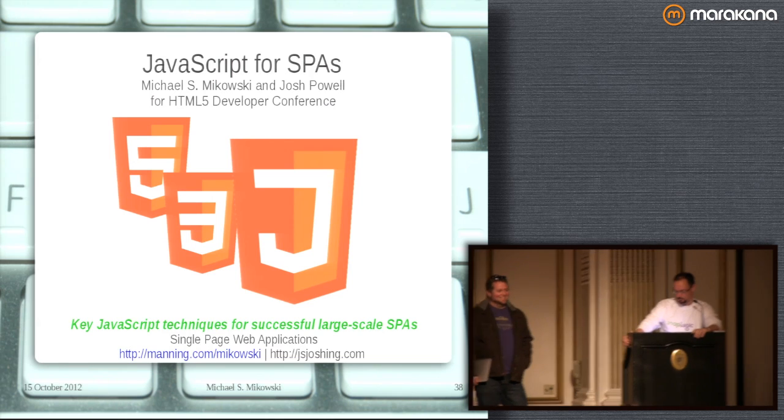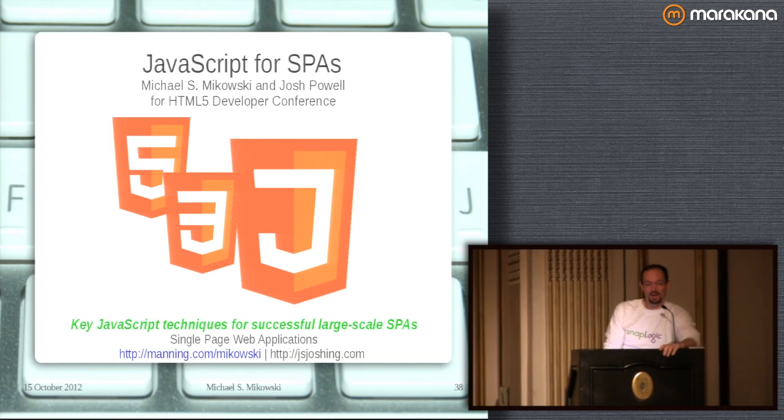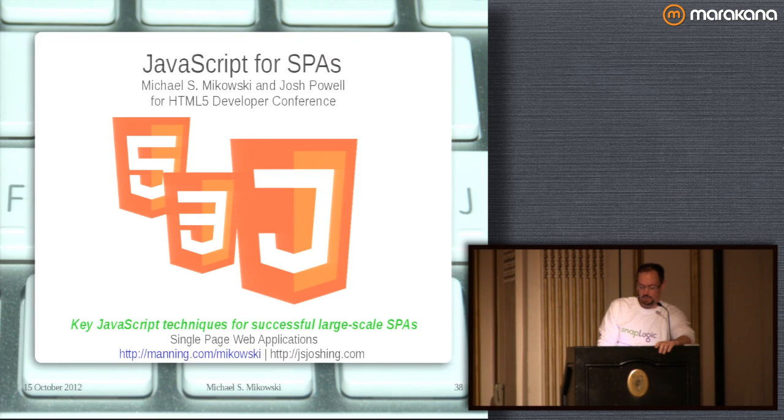All right, so slide number 1, we're talking about key JavaScript techniques for successful large-scale applications. I gave a nice little speech about growing up, and I'm not going to bore people who were at my presentation yesterday again, but the punchline was, when you're younger, you can do stuff and get away with it. When you're older and more mature and a more complex individual, certain rules about society that previously didn't apply to you now apply.